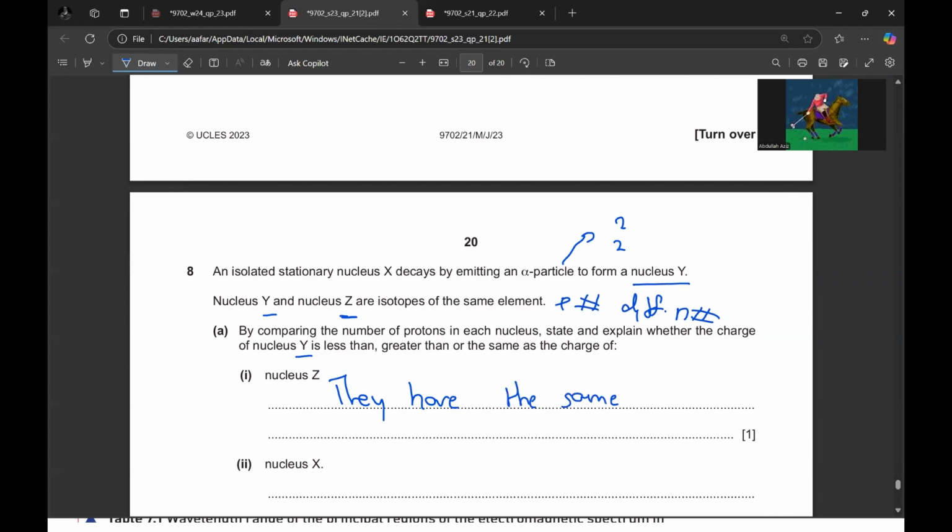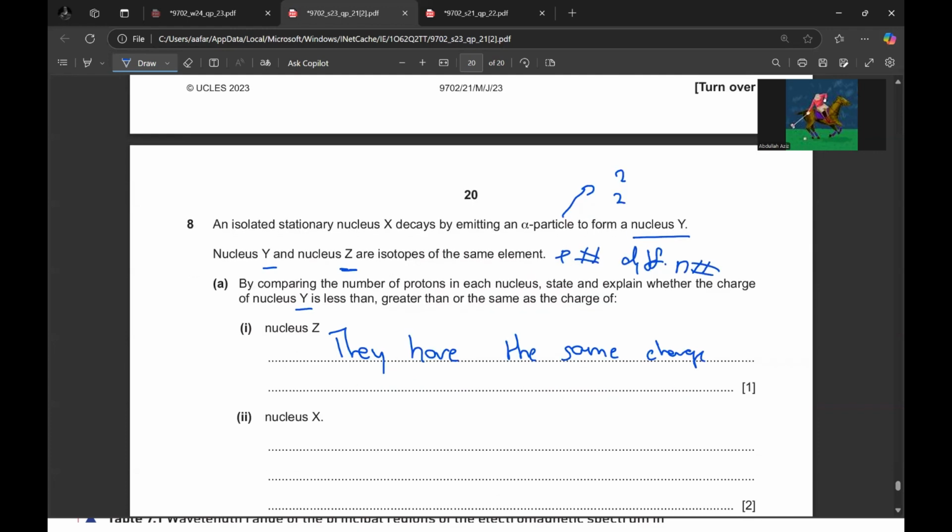But for nucleus Y, the charge will decrease since it has fewer protons, so less charge.